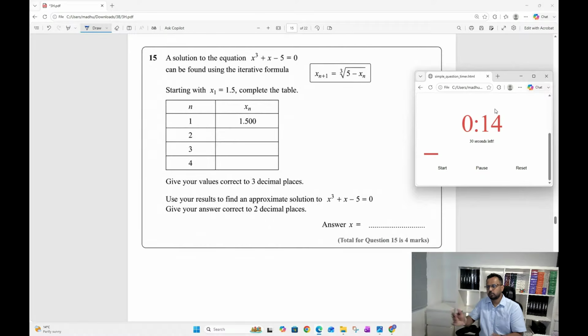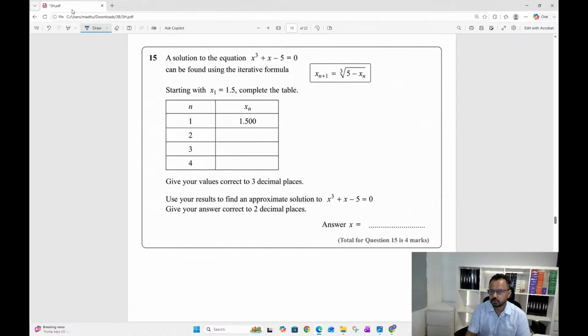It doesn't make the whole paper look like level 7 to 9. I've done a couple of level 7 to 9 papers, but I'd rather be more realistic. So I did 2 papers, which allowed me to cover more question types. So this is version B. Version A is on my channel. I think it's one of the last few videos I've uploaded. So between the 2, that will definitely help you.